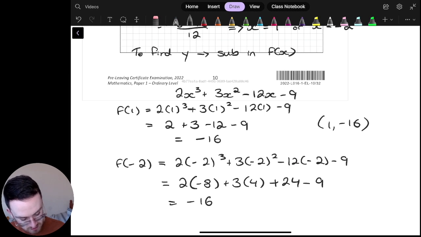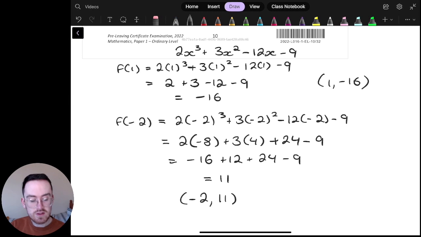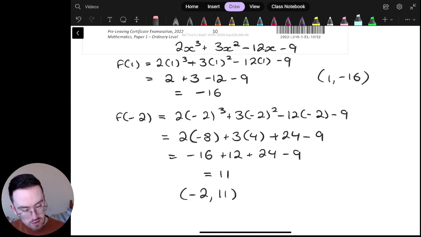We get minus 16 plus 12 plus 24 minus 9, and that's going to give me an answer of 11. So minus 2, 11. Okay, so those are our two turning points. So we have 1, minus 16 and we have minus 2, 11.